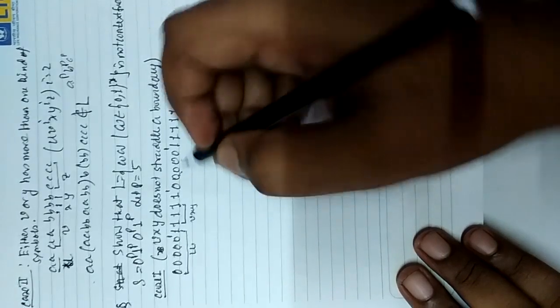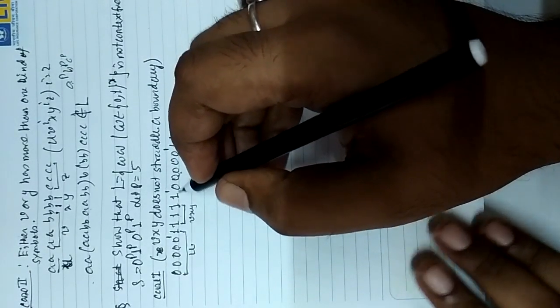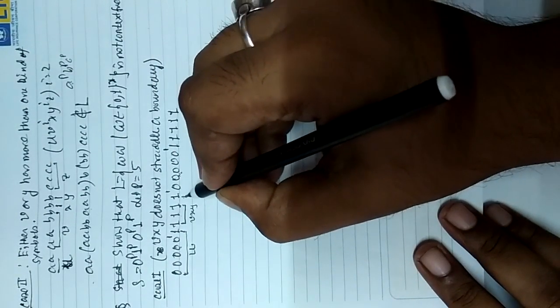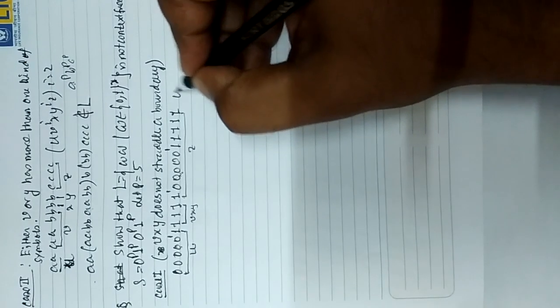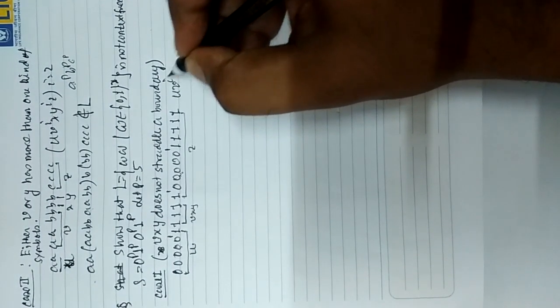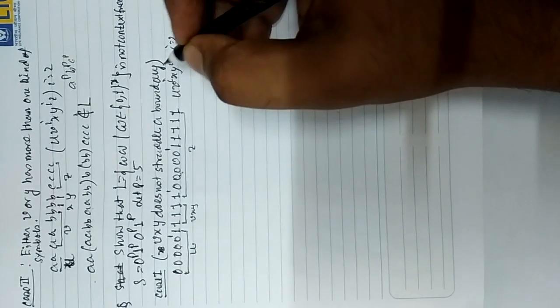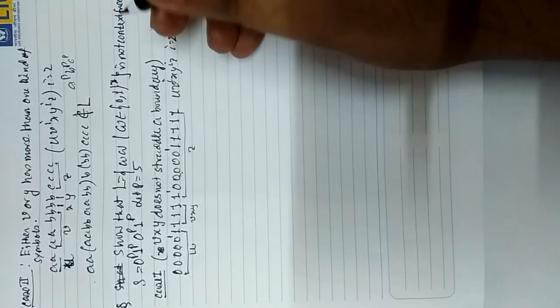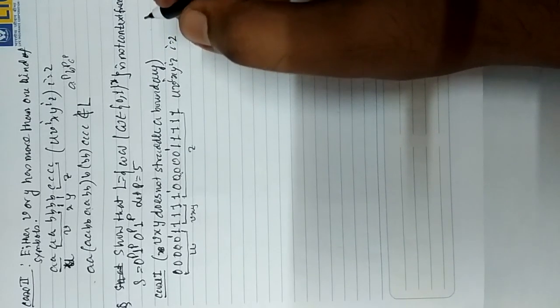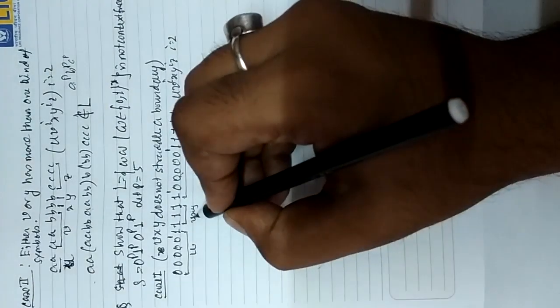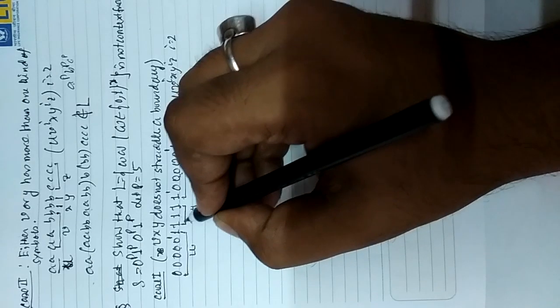So XYZ is this, and surely the entire remaining portion is your Z. Now again the same thing, U V to the power I, X, Y to the power I, Z, where I is equal to, let us say, 2. You can take 3 also, that is no problem. Let us consider V is 1, X is 1, and Y is 1.